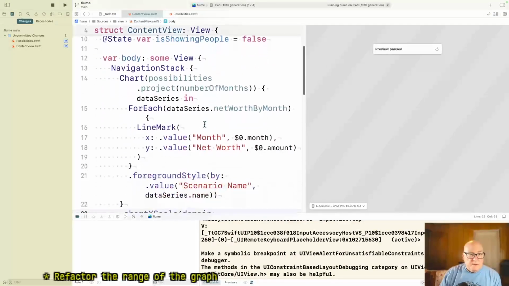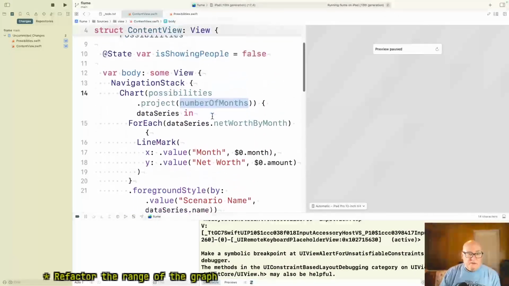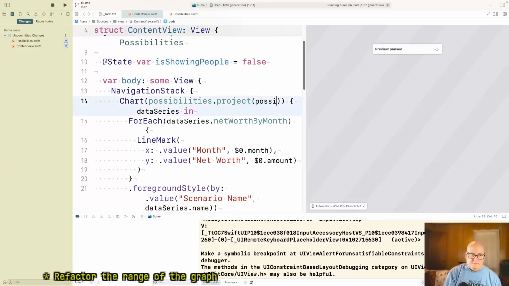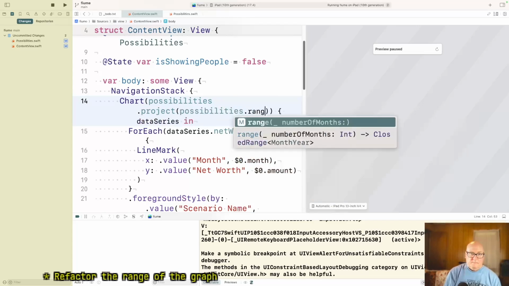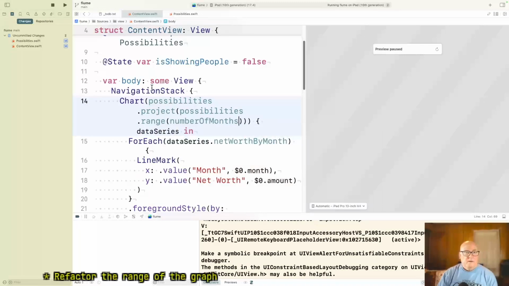Okay, so we now project number of months. Okay, I would like to give project the range. That.